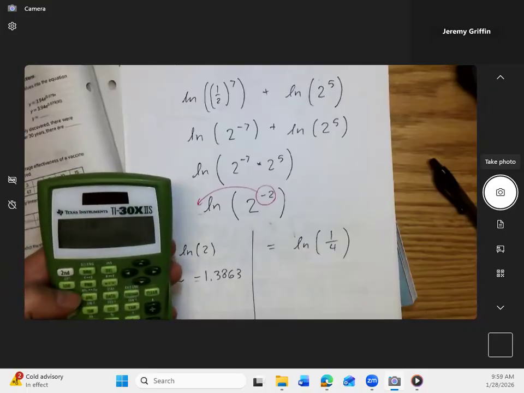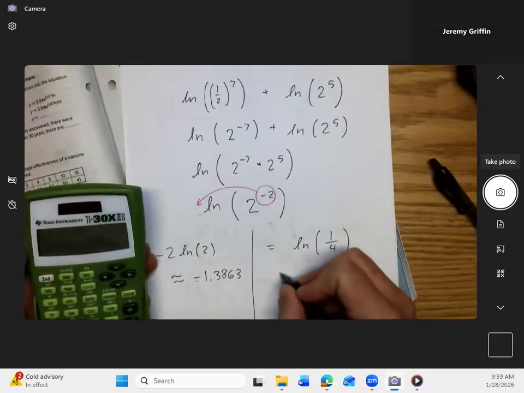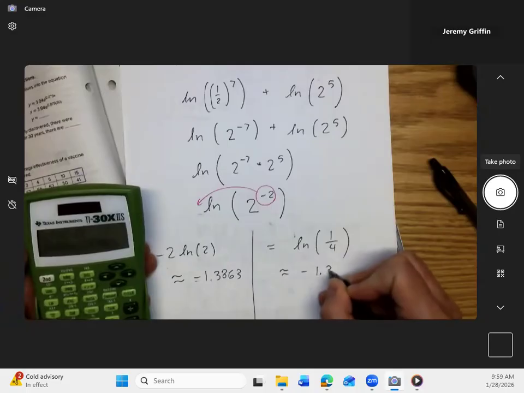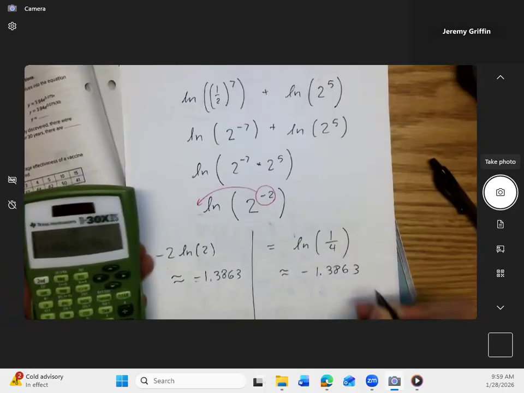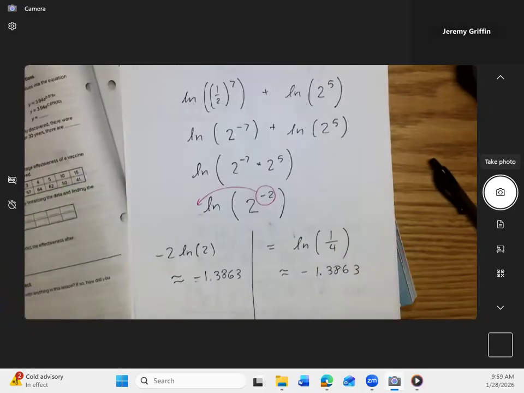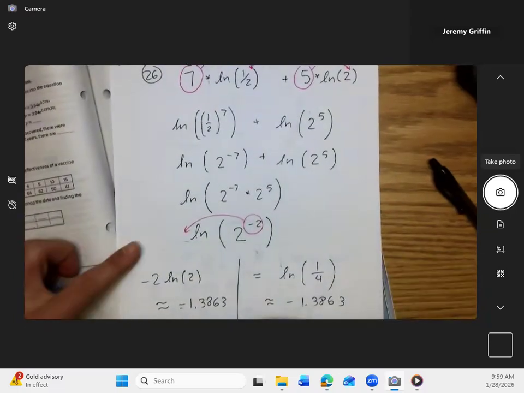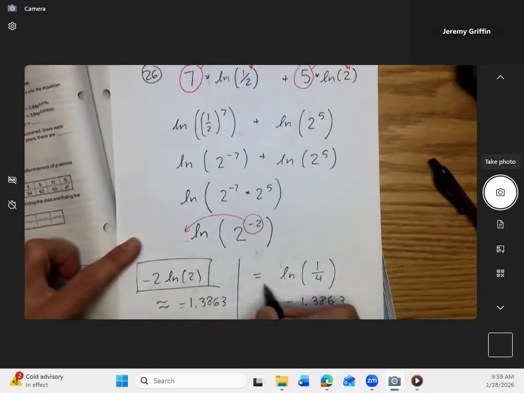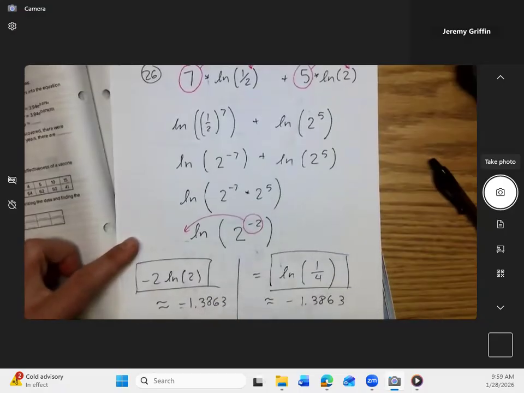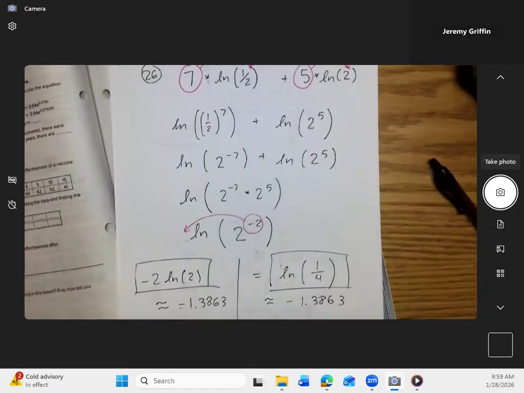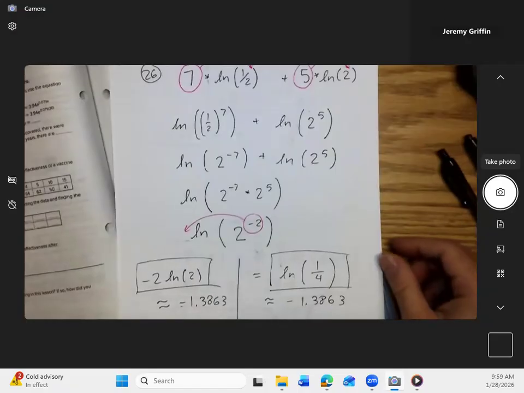Natural log of a quarter is approximately -1.3863. It's the same thing. So this is a nice answer. This was also a nice answer. So I think either one of those is perfectly fine. You guys good? Okay, 26.